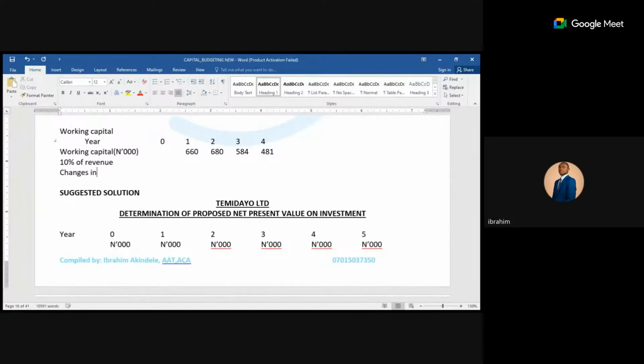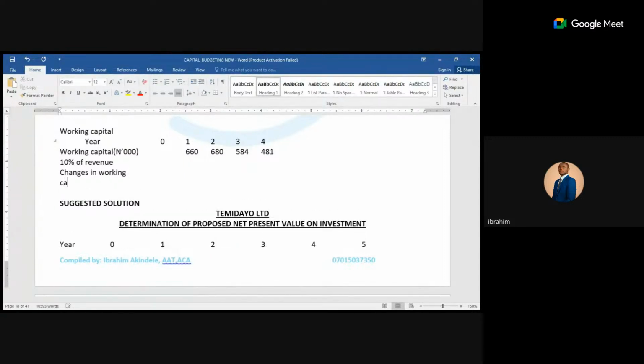Right, so you now do your changes in working capital. Class, this is how it is.